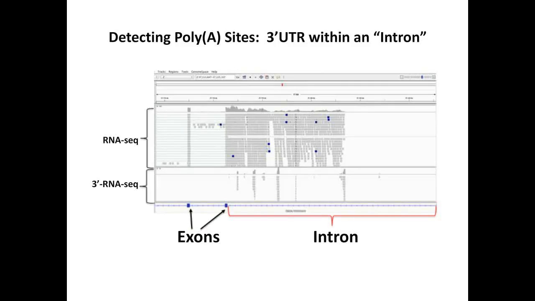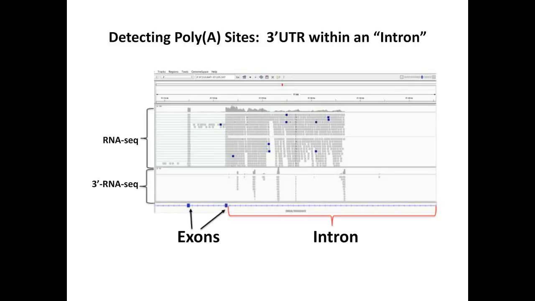So this is another case of one of the problems that we saw, based on the gene model. You can see these are two exons and this is an intron. But we saw in both RNA-seq and 3' RNA-seq there are lots of reads mapping to the intron. So obviously this part would not be an intron.